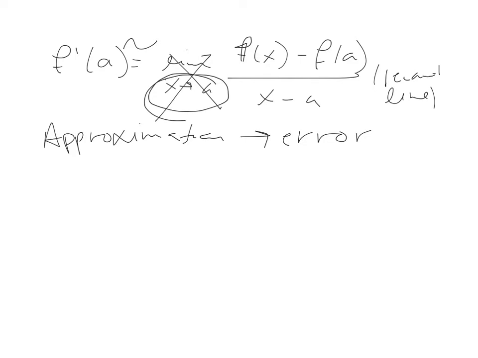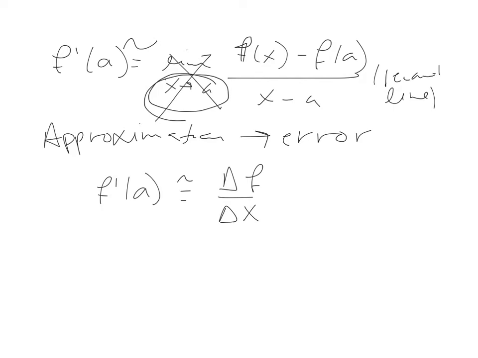Now we're not using approaching 0, we're using the idea that it's close to 0, but it's not 0. If we can accept that with some level of error, we can change it from a tangent line to a secant line. And then we can say that f prime of a is approximately the change in f over the change in x.